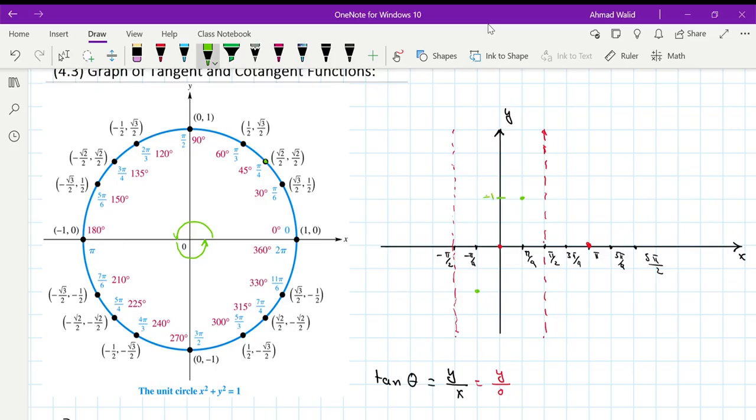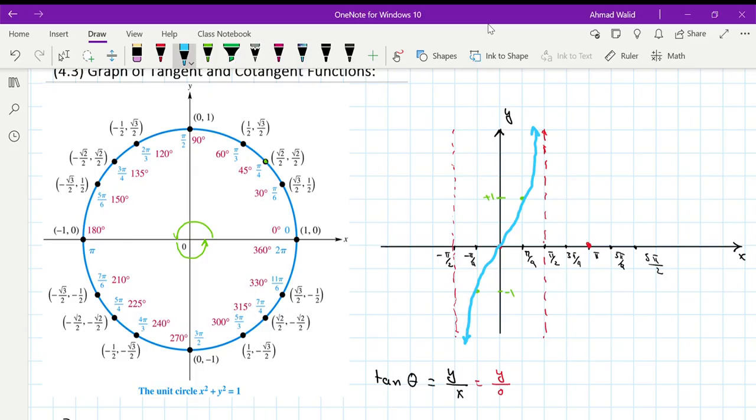Here positive 1, here negative 1. Correct? Now, if I connect all these points nicely, this graph is kind of the shape of a cube function, but not exactly like a cube. You can graph the graph of tangent.